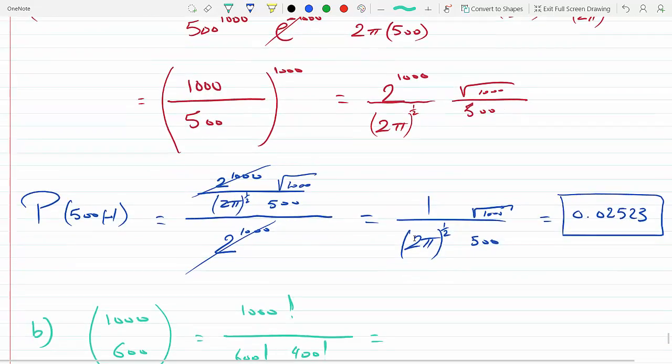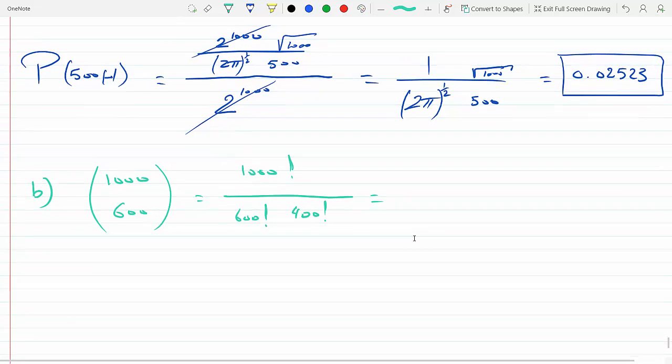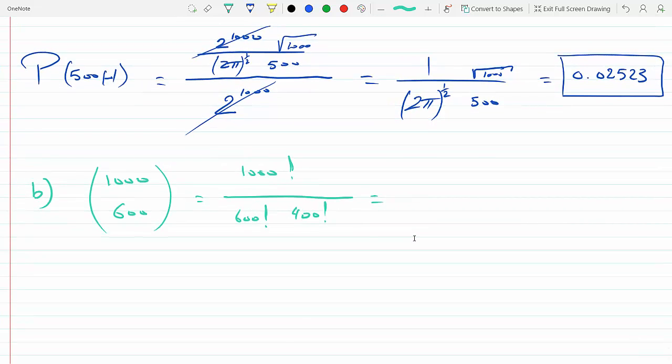So for 1000, the 1000 factorial is going to be n to the n.